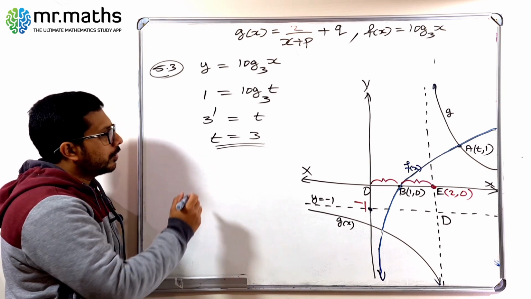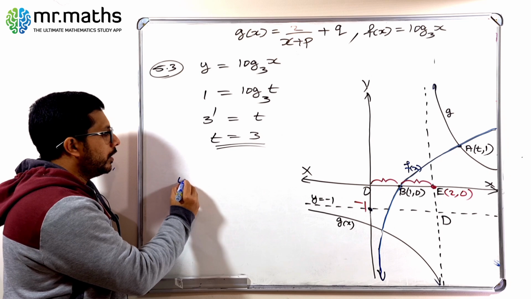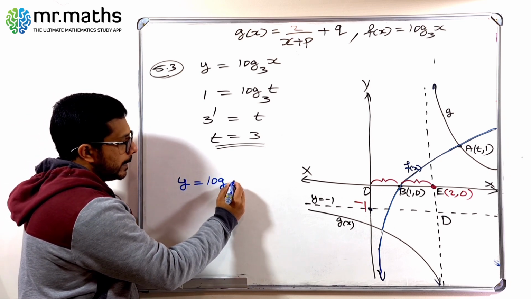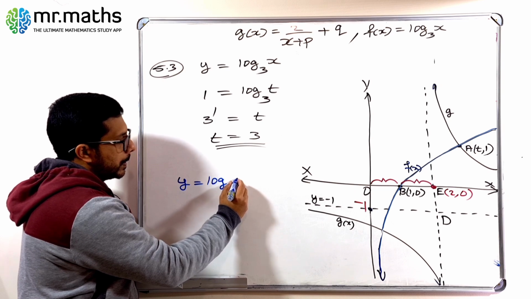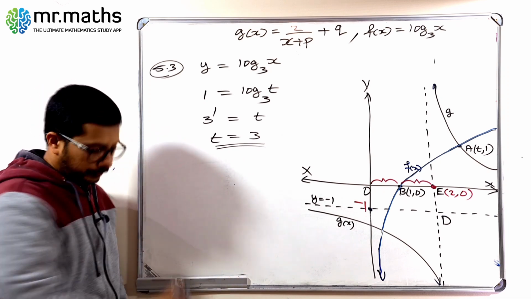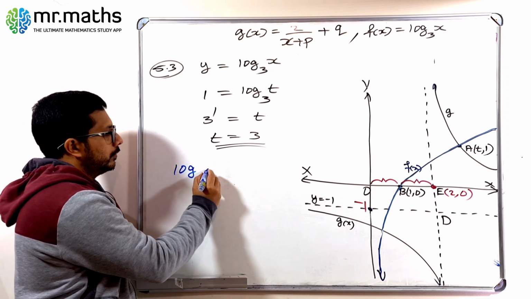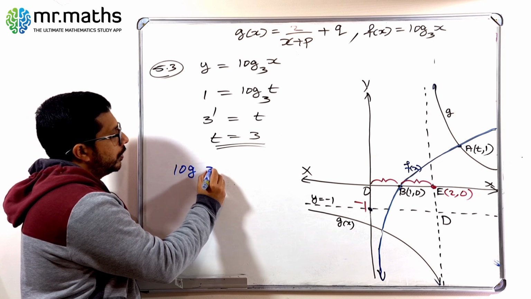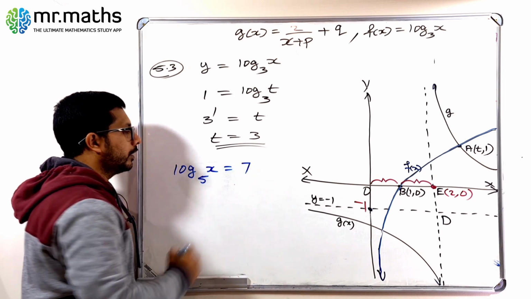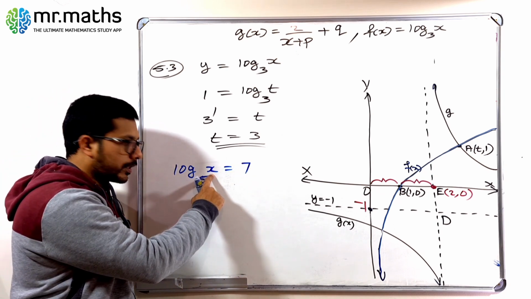Okay, let me ask another question. Let me write a number. Log x to the base 5 is equal to 7. What is this x?